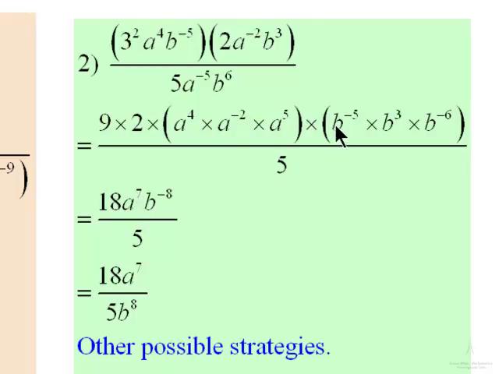The b's, so we get b to the power minus 11 plus 3, so it's b to the power minus 8. Remember, the instruction was that you must end up with an expression where all the exponents are positive. So what we still need to do here is to shift this b to the power minus 8 to the denominator position, where it will become b to the power 8. And this is then our final answer.